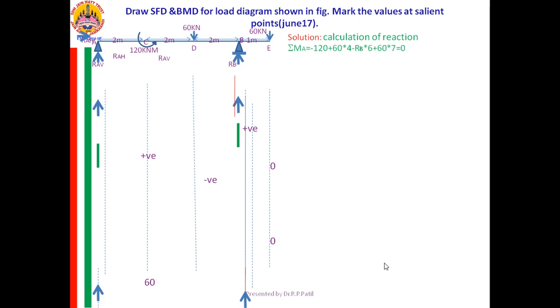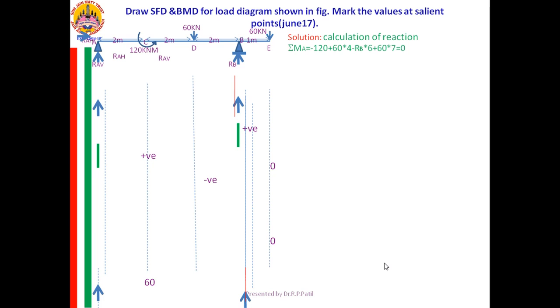That is why I am taking the moment about the point A. I am taking all clockwise moments as positive. See what terms I have written there. First one is 120, it is a couple, so it should not be multiplied with the distance, and it is anti-clockwise, that is why negative, minus 120. Go for that 60. I am taking moment from A, the distance is to be measured from A only. Therefore, it is 60 into 4.